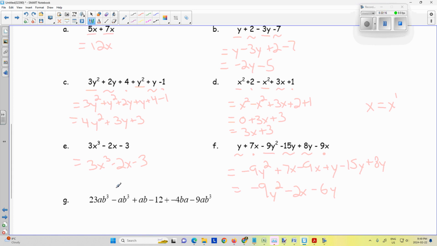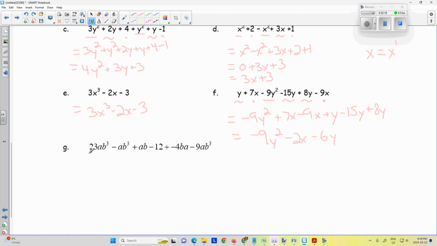And now let's go to this very last one here. And this one is a bit tricky. I'm just in a different color so you can see where it's a bit different than our other ones. I don't think I've used an orange yet. Maybe I have. I'm going to identify my like terms. I've got AB cubed. Here's another AB cubed. Here's another AB cubed.